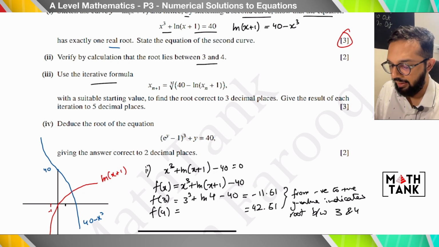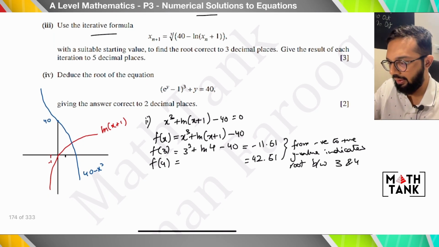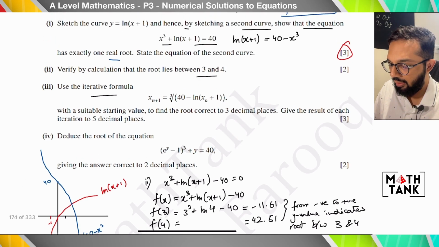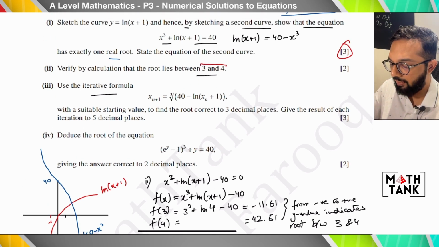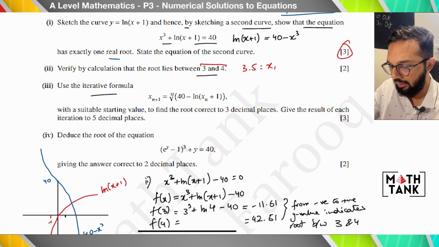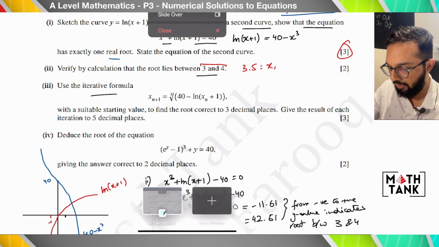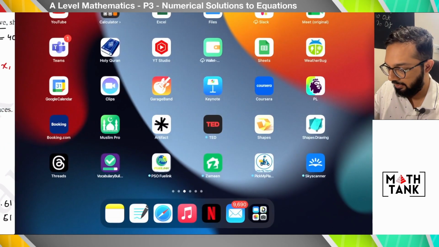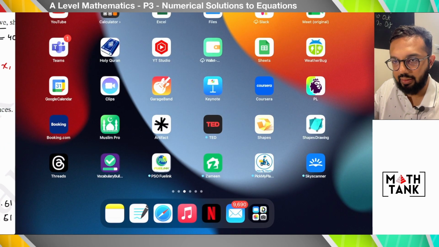Then it says use the iterative formula. It's constructed an iterative formula for you. So what you simply need to do is go ahead and do the iteration. As emphasized before, you will take the midpoint as x1, and like yesterday, I am going to open up the calculator for you and show you the iterative process.